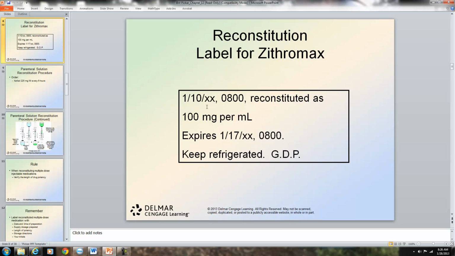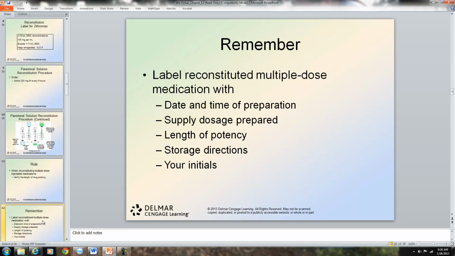So on January 10th of some year at 8 a.m., you mixed 100 milligrams per milliliter strength, and it will expire on January 17th at 8 a.m. So you have the date and the time of the preparation, the supply dosage prepared, the length of the potency, so the day that it will expire and the time that it expires, the storage directions, and then your initials.